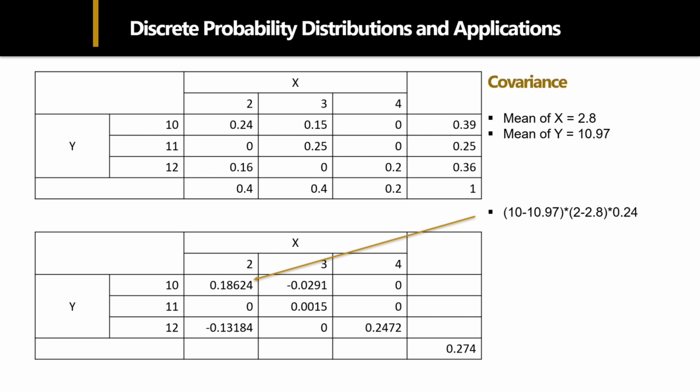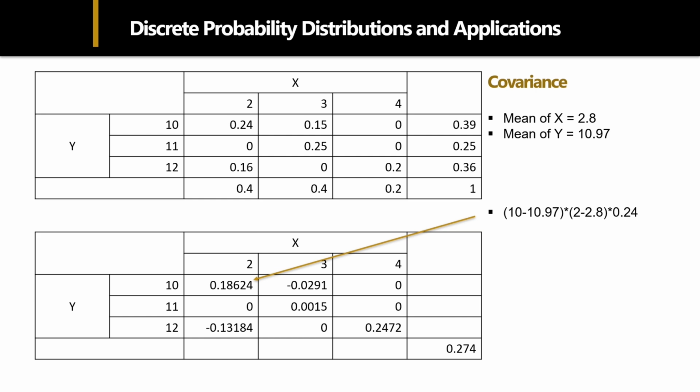So this is our contingency table. At the very last row, we have the marginal probabilities of x. In that last column, we have the marginal probabilities of y. In the table below, we have the covariance table. So the intersection between y being 10 and x being 2 is 0.18624.